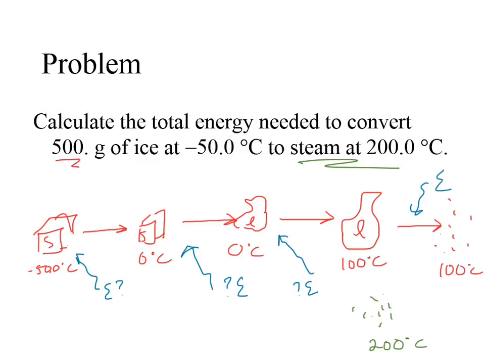Okay, so now it's sitting at the boiling point temperature, 100 degrees Celsius. It is in a gaseous state. And now we just need to jack up the temperature of the gas. So now we're ready to go right for there. So question mark energy.